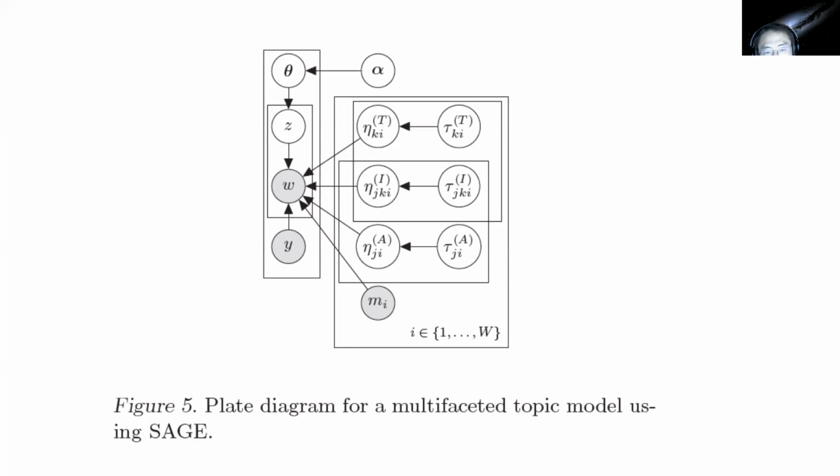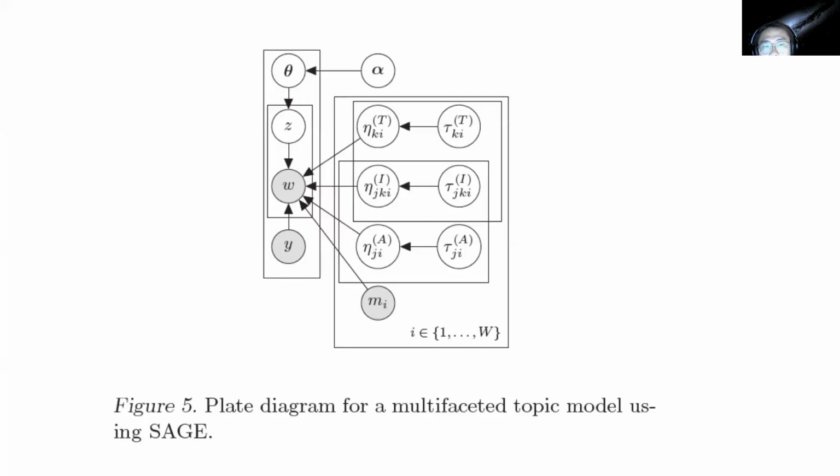What this diagram on the left-hand side is doing is, based on m subscript i, which is the background log frequency, we want to generate the W here. So this is basically the generative story.